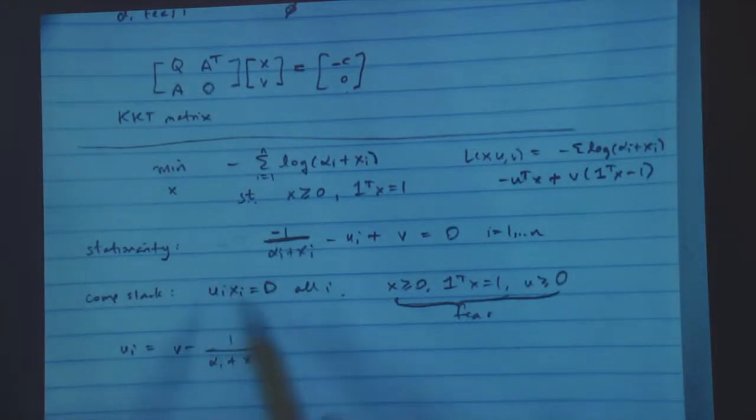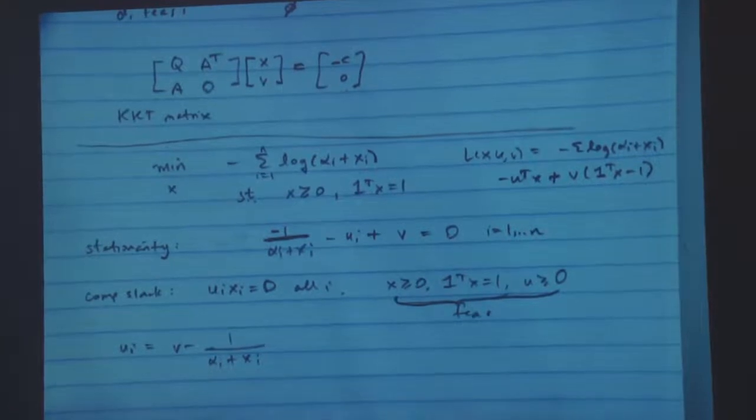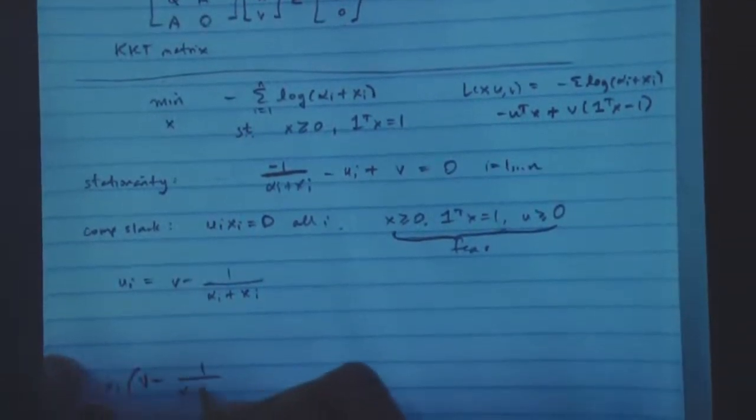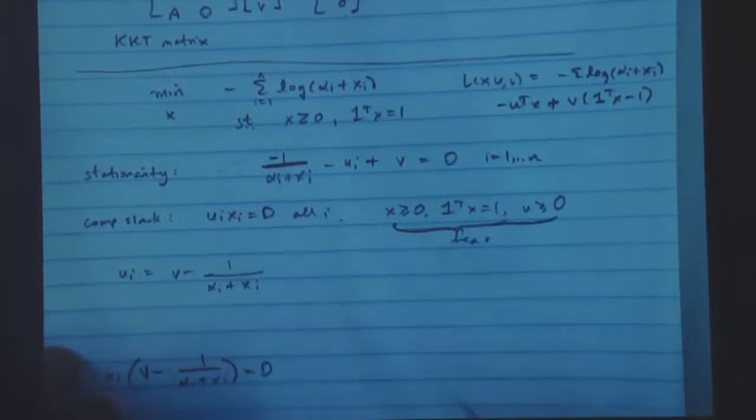Then we can plug that in and get a different complementary slackness condition, which looks like the following: x_i times (v minus 1 over alpha_i plus x_i) equals 0. It's our new complementary slackness condition.